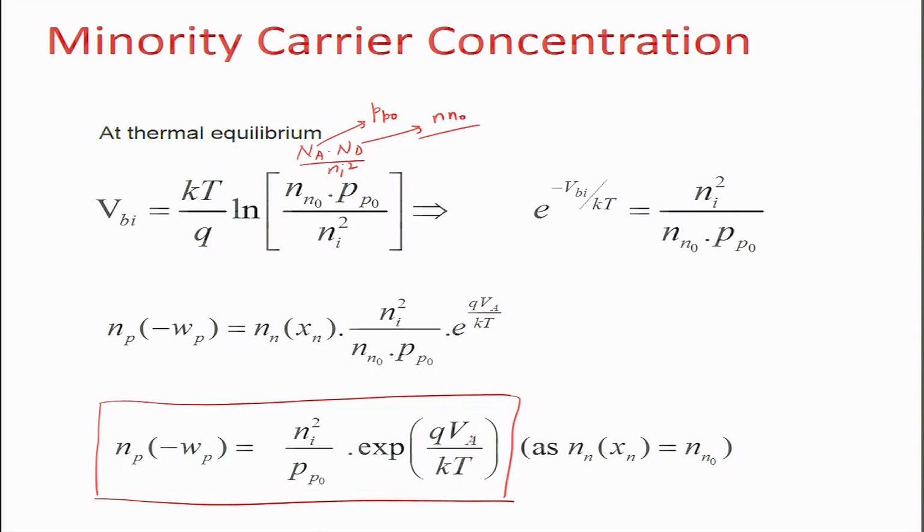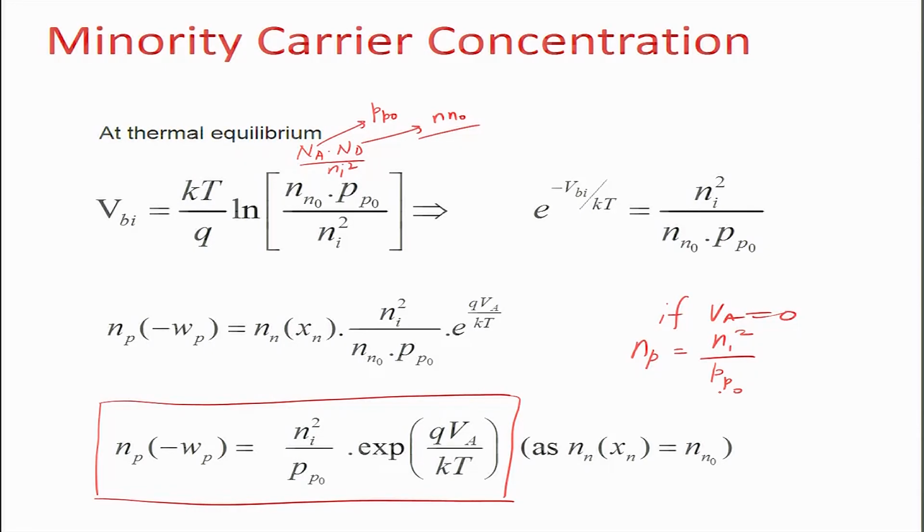So the minority carrier concentration on the p side is equal to ni square divided by Pp0 into exponential of qVa divided by kT. Suppose Va was equal to 0, then the exponential will be equal to 1, and you get Np equal to ni square divided by Pp0, which is the minority carrier concentration in a normal n or p type semiconductor. Similarly, if you do it for holes, you will get the same answer.